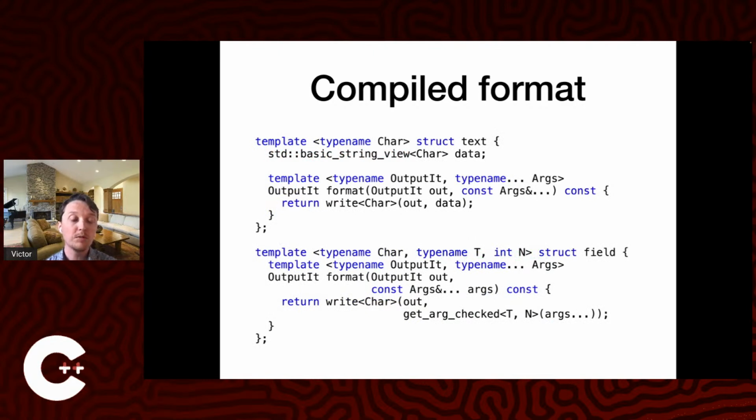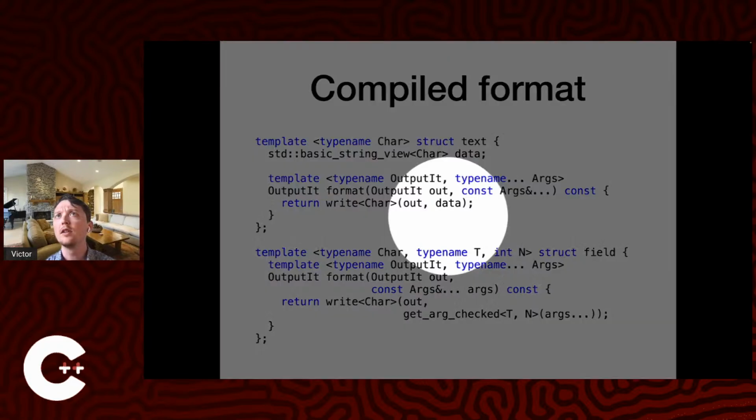And this is a simplified representation of two compiled format types, text and field, from the previous pseudocode snippet. So text simply writes a string view to the output through the iterator, and field retrieves an argument given its ID and writes it.